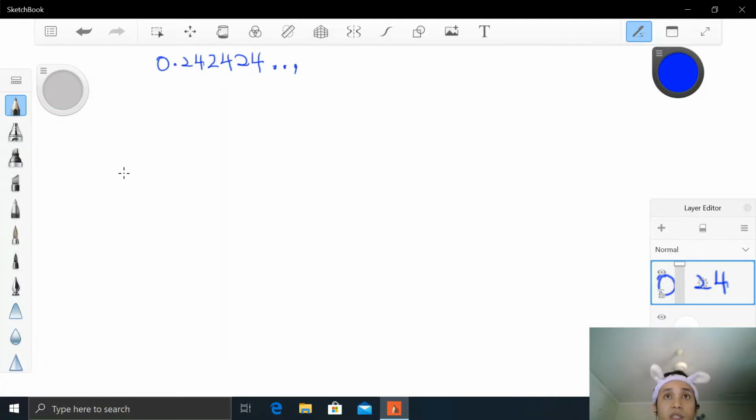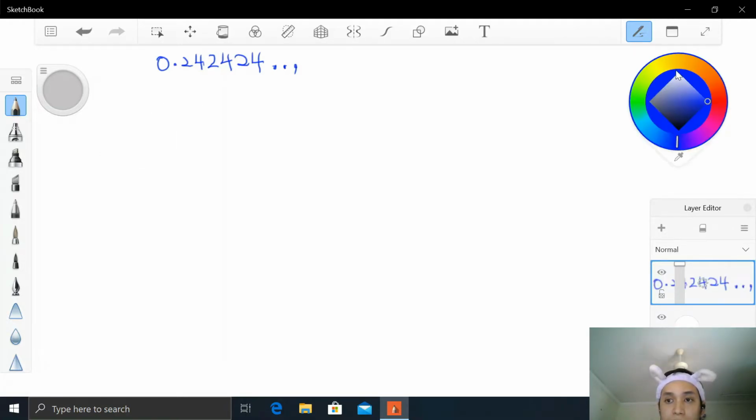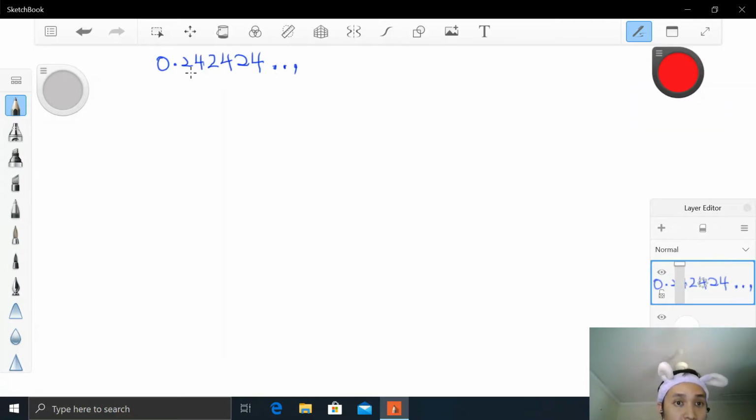How can I convert this into a fraction? First, look at the repeating number and identify it. The repeating number is 24, 24, 24, meaning it is 2 decimal places repeating.